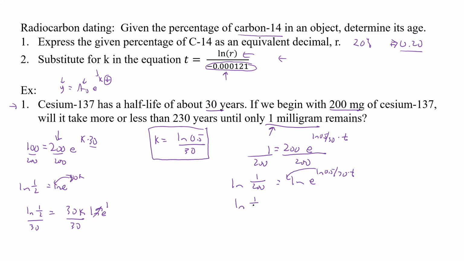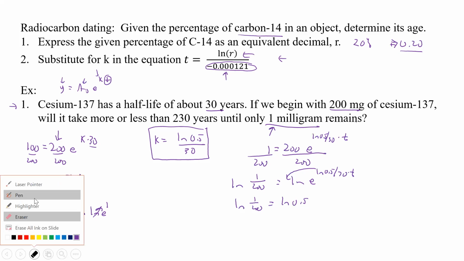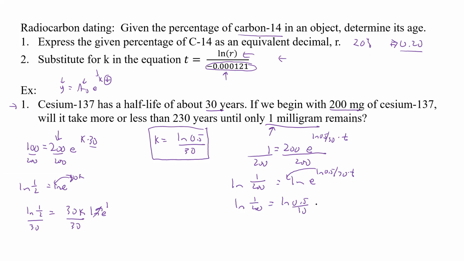So we have ln of 1 over 200 equals ln of 0.5 over 30, and then times t. We want t, so we're going to divide by the ln of 0.5 over 30. Divide that by the ln of 0.5 over 30. And so this should give us what t is equal to.